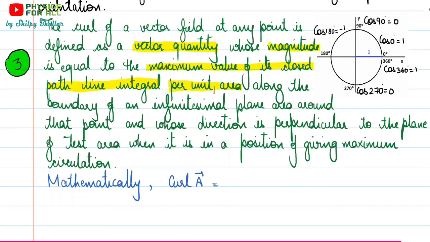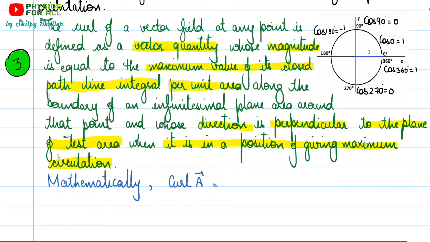Here we are saying the line integral of that vector field per unit area along the boundary of an infinitesimal plane area around that point, whenever we consider very small elements whose direction is perpendicular to the plane of test area when it is in a position of giving maximum circulation.